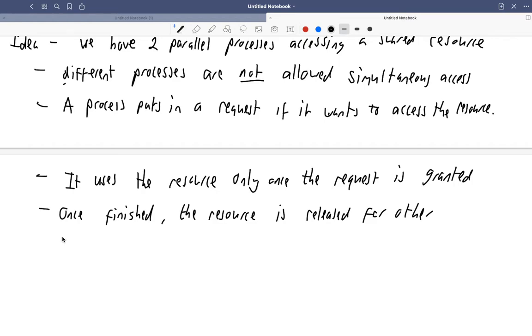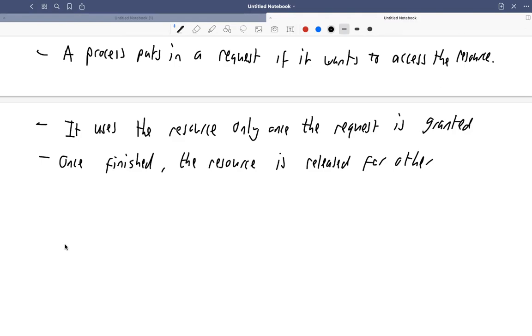But in general, as I said at the start, one might have mutual exclusion for any number of parallel processes. Anyway, once the process is finished, the resource is released for other processes to use.